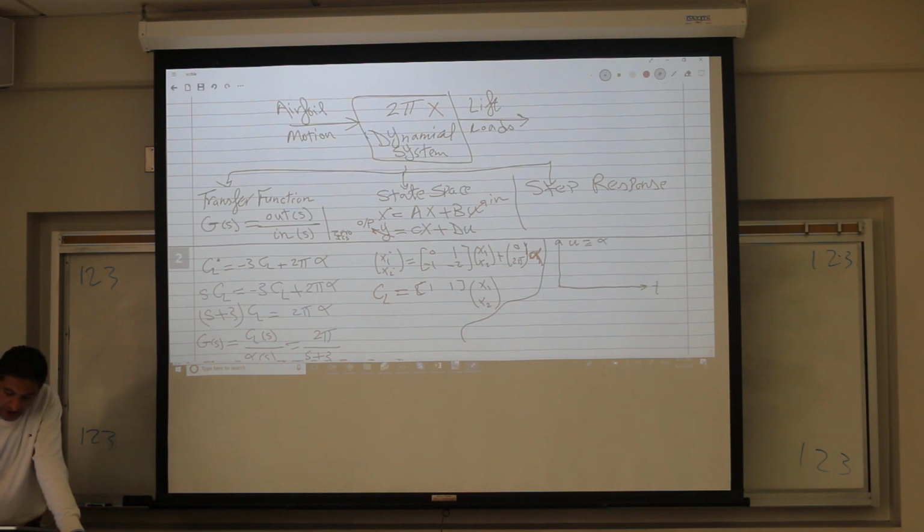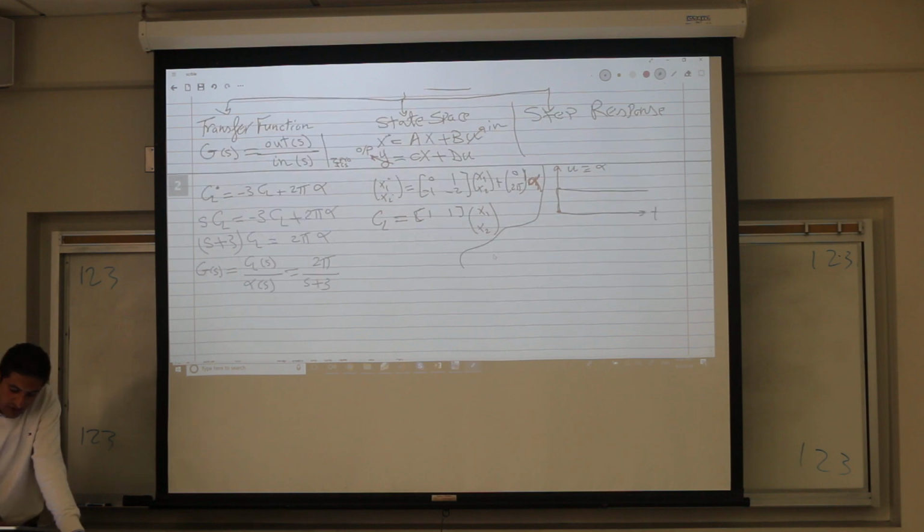You give it just a step change from 0 to whatever, maybe 1 degree, constant. And you get the corresponding output as a function of time. If the system is stable, it will go something like this, or like that.